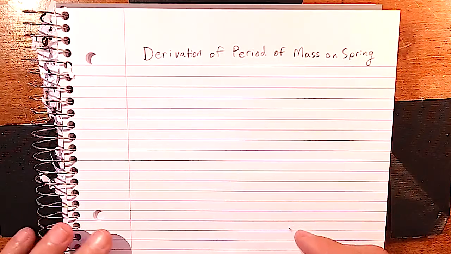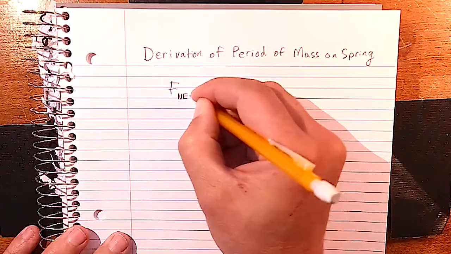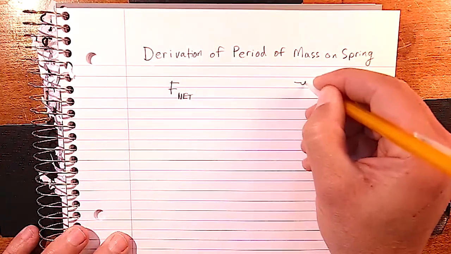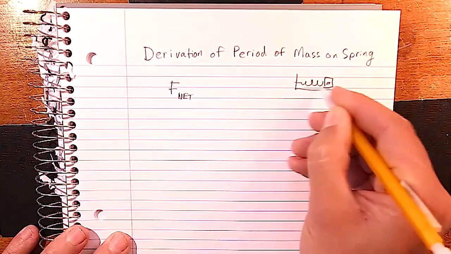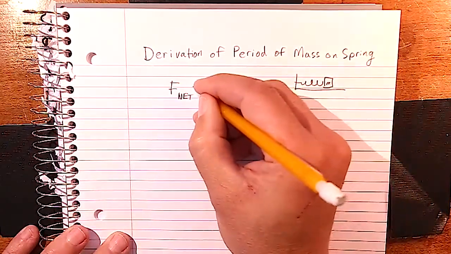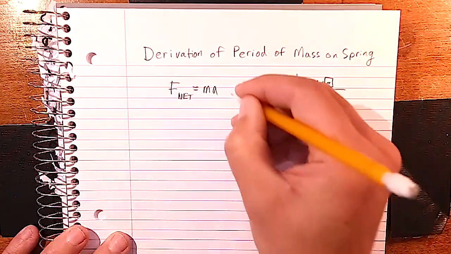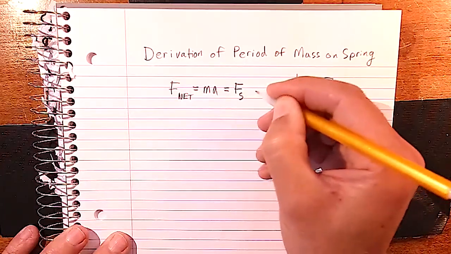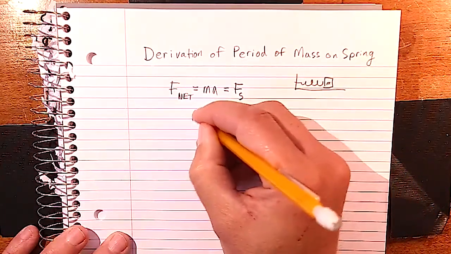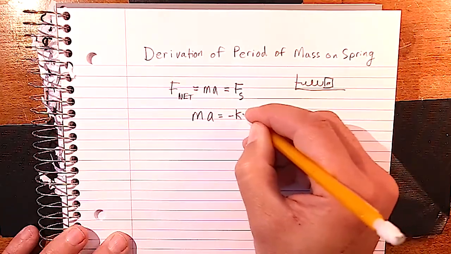So let's start out by saying that the net force on a spring, and this is the same problem that we've dealt with before, which is a spring with a mass that's oscillating back and forth, that F net is equal to ma, and it's frictionless, so the only force that's acting on it is the force of the spring, Fs. So we can rewrite that as ma is equal to minus kx.